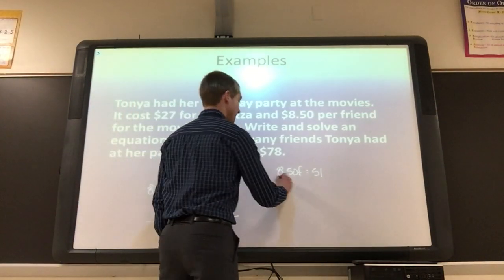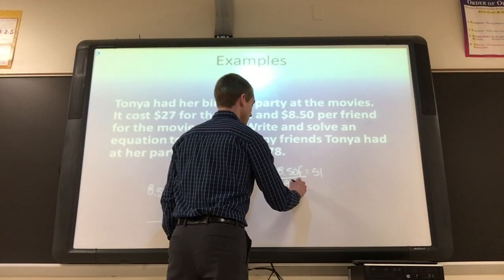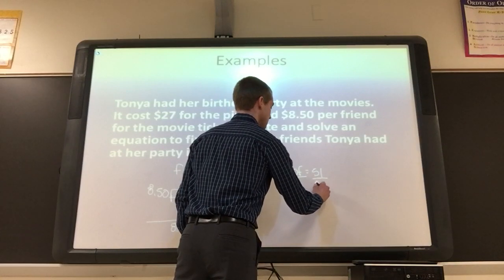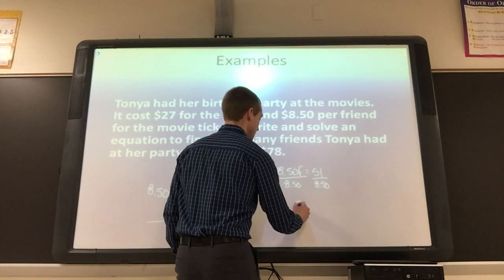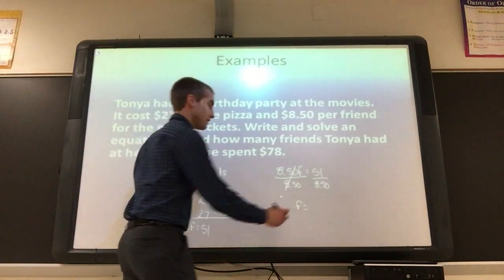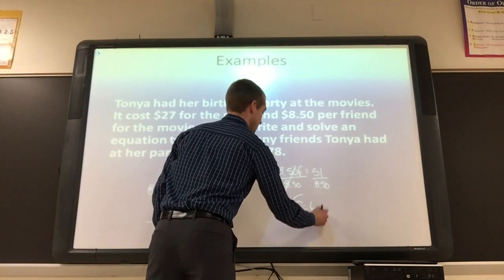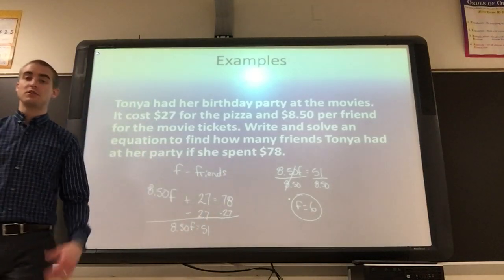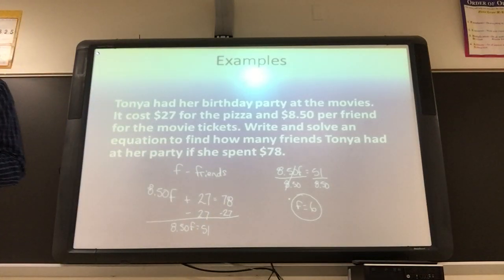Divide by 8.50, and do that on both sides. So that is going to leave us with just an F. And then 51 divided by 8.5 is going to end up giving us exactly 6. So the answer would be she had 6 friends at her party if she spent a total of $78.